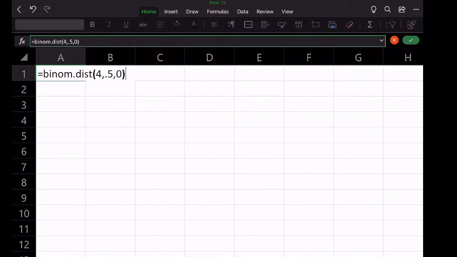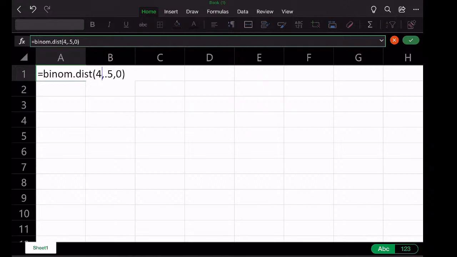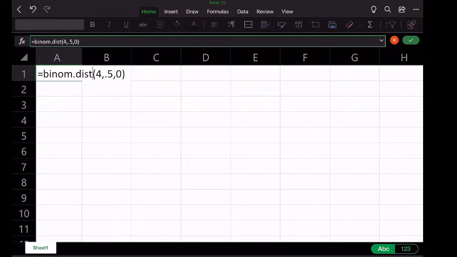Okay, so let me just check on my computer. Okay, no. So I put the number first. So let's say I want x to be 0. So 0, comma, n is 4, and p is 50%, and 0 means not cumulative.